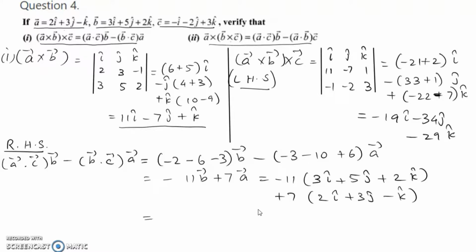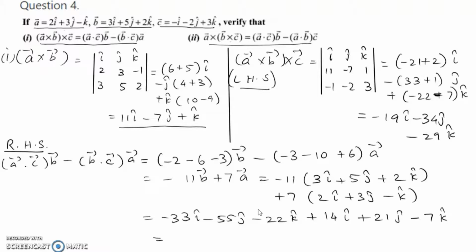So for expanding them, we get minus 33 I cap minus 55 j cap minus 22 k cap plus 14 I cap plus 21 j cap minus 7 k cap.